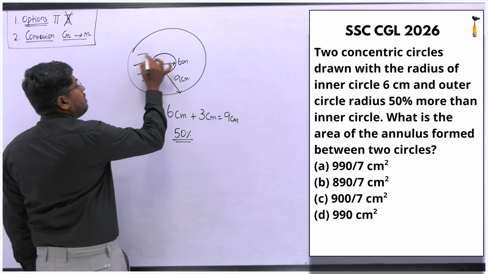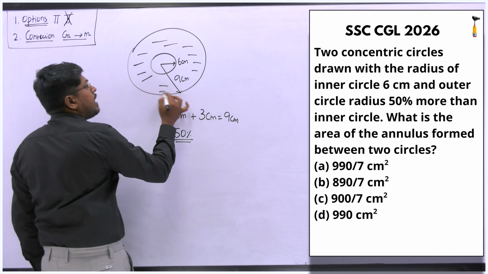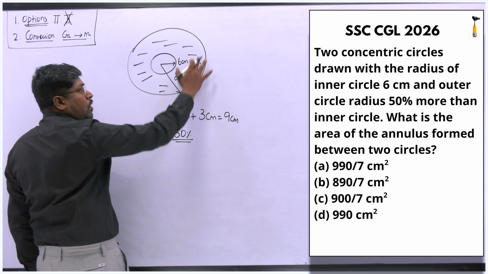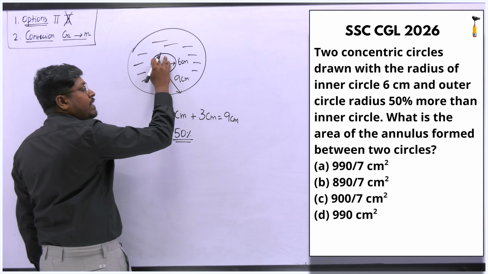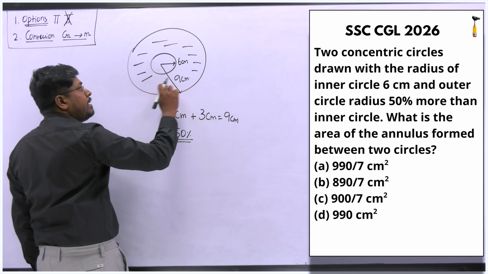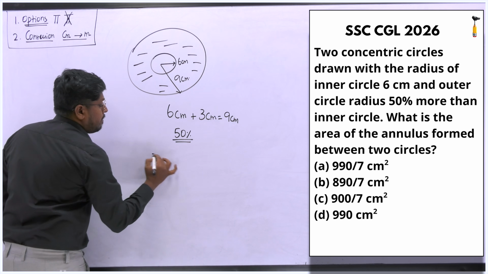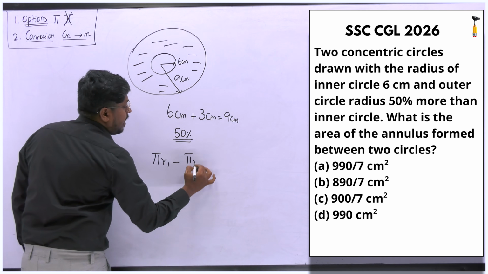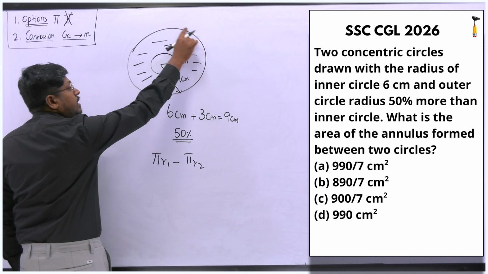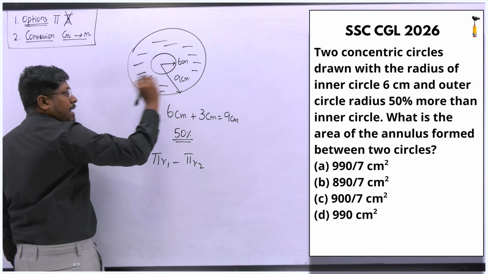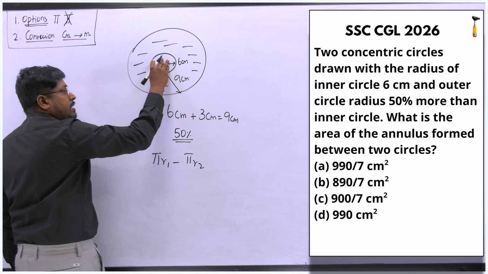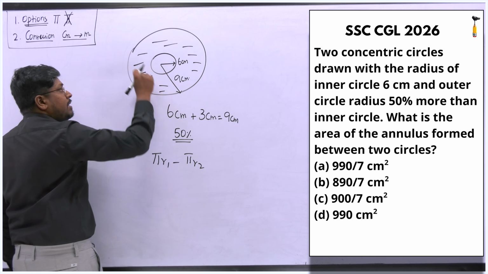How will you calculate it? The outer circle area minus the inner circle area, the resultant will be this part. So pi r1 squared minus pi r2 squared. If you subtract the inner circle area from the outer circle area, the resultant will be this region.